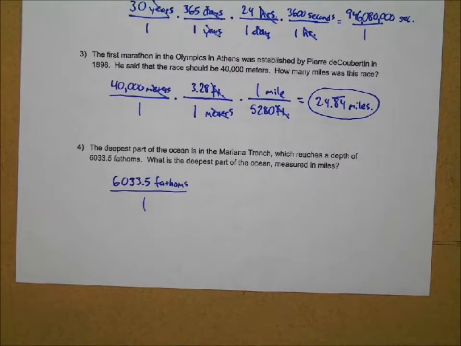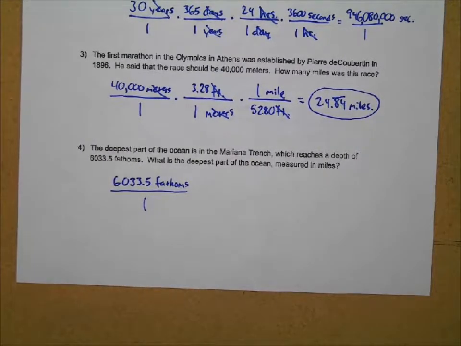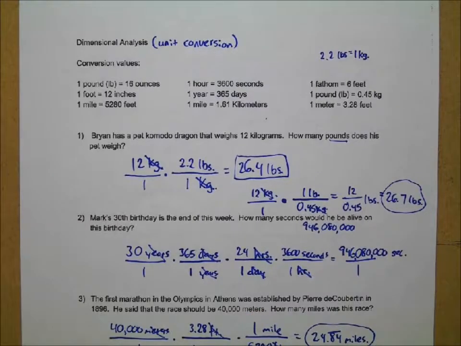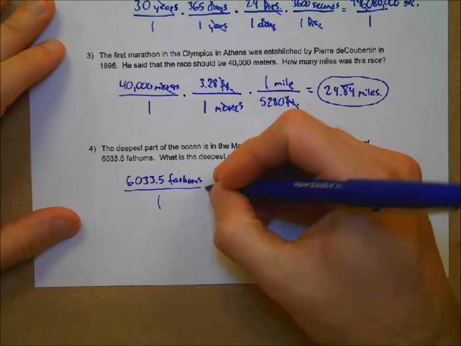So we want to convert here, Kendall, from fathoms into miles. So what's going to maybe be helpful here for us to convert? We have 1 fathom measure right here. So we're going to need to convert fathom into what? Feet. That's right. Okay. So times, and where should that fathom go?